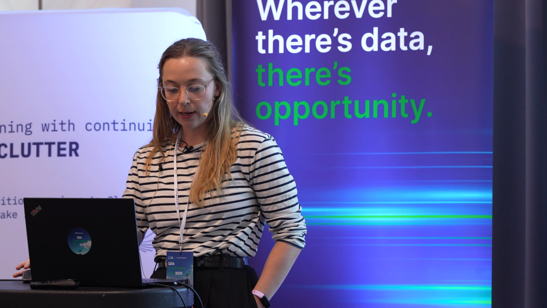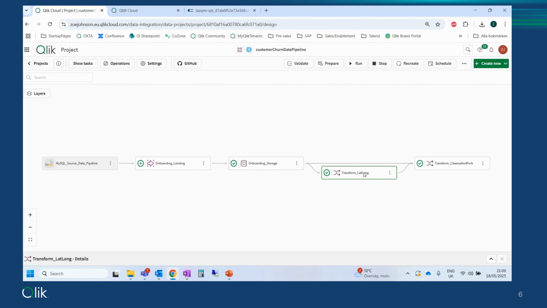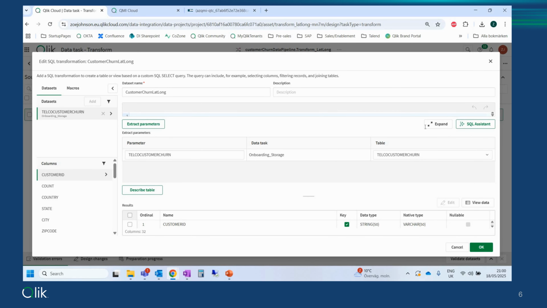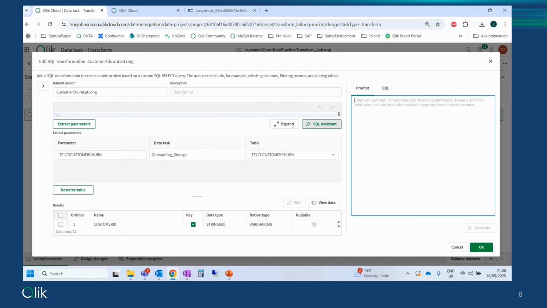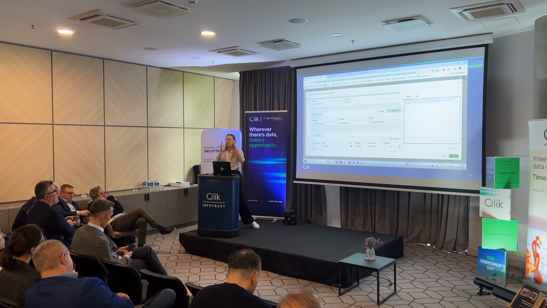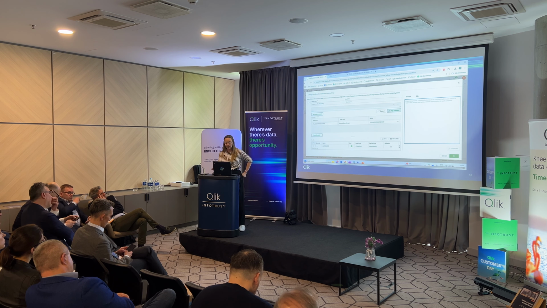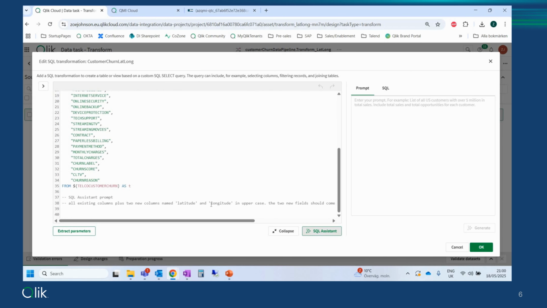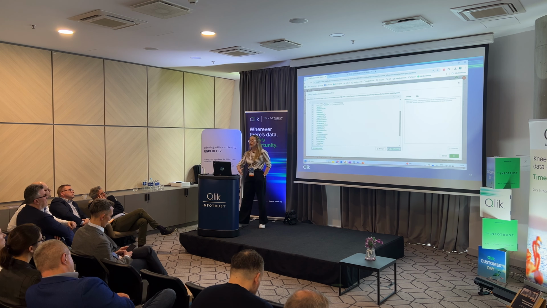I have, for example, here what we call a transform task, and this is where I would like to separate out longitude and latitude. At the moment, it's in one specific field, and I would like to bring it out. On the left-hand side, I have the chance to just write the SQL.